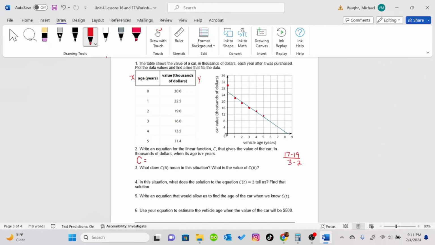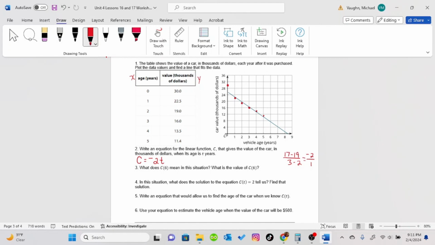So we're saying our second point was at (3, 17) and our first point was at (2, 19). This gives us a slope of negative 2 over 1, which is negative 2. And our input is t.